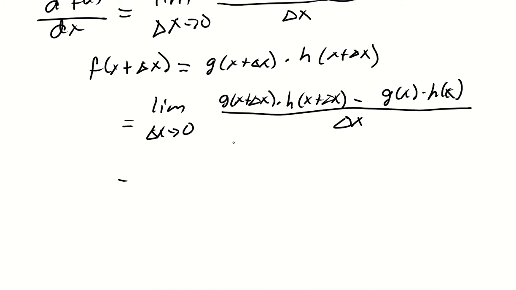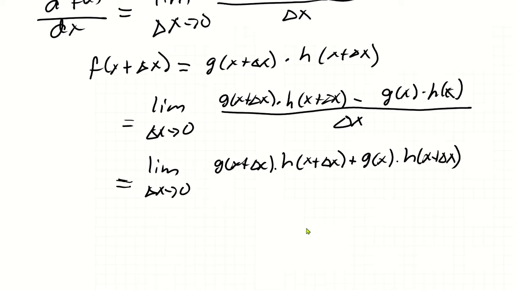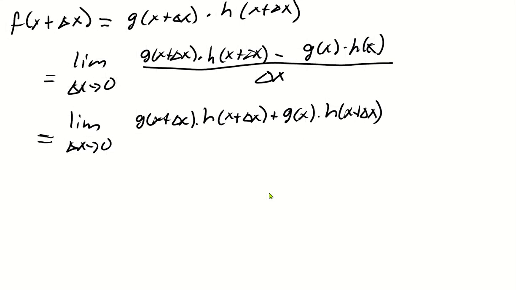We need to add 0 here. So we have g of x plus delta x times h of x plus delta x, and we add 0: we use g of x times h of x plus delta x. I added something to neutralize the equation, to make it still the same.